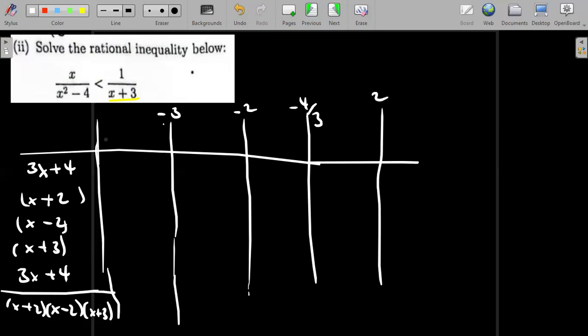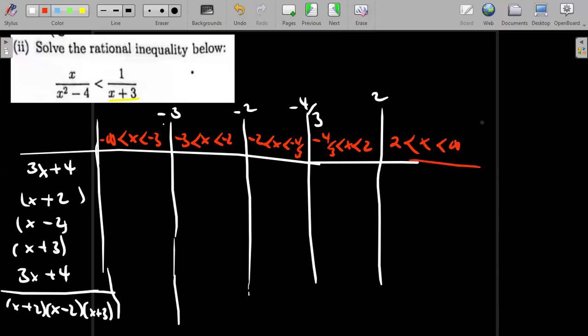This means I'll be obtaining intervals from negative infinity to -3, -3 to -2, -2 to -4/3, -4/3 to 2, and then 2 to infinity. So I have these here.